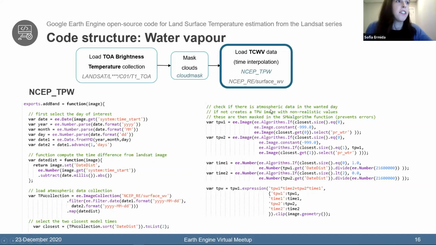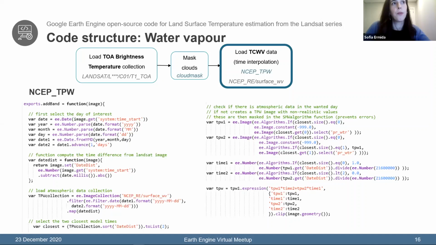We select those 2, take the water vapor and the time difference, and do a sort of average. This is simply a linear interpolation between the time before and the time after to get the best estimate of water vapor at the observation time of the Landsat.